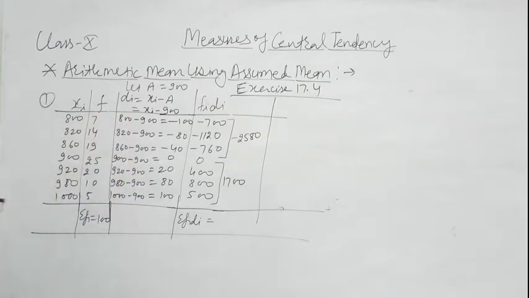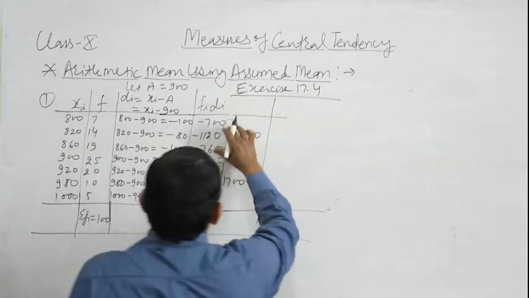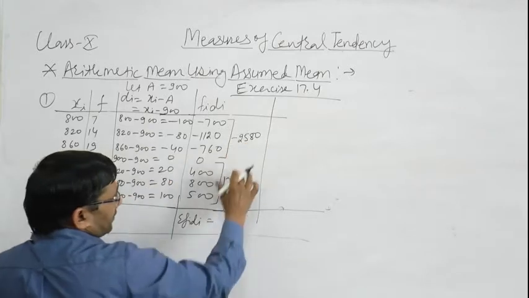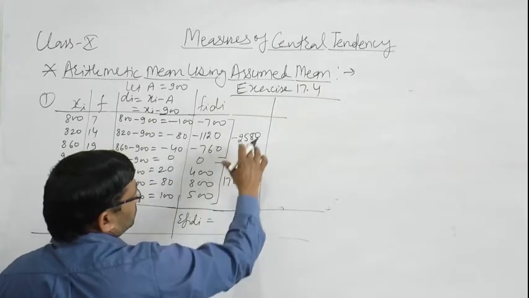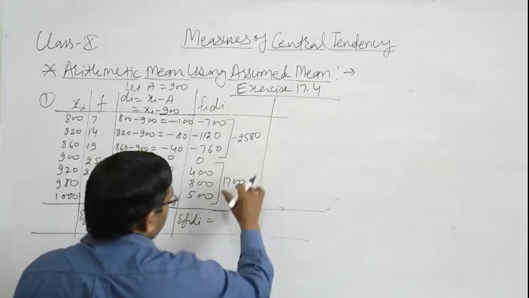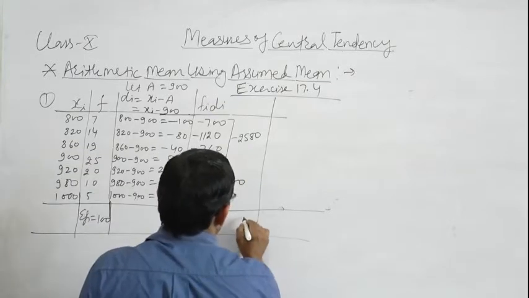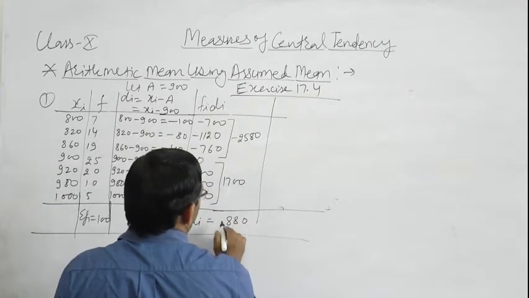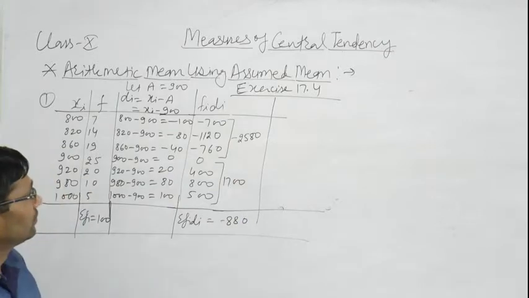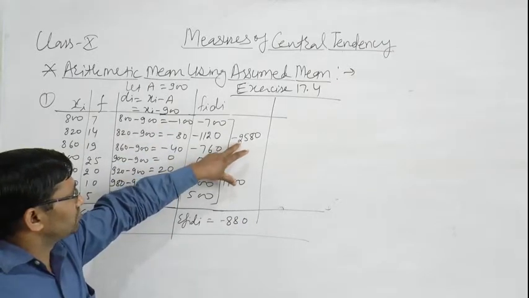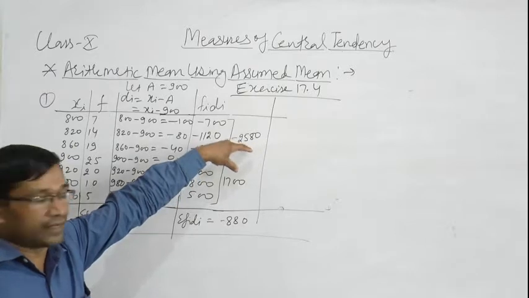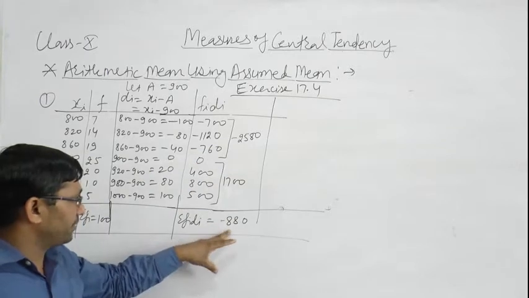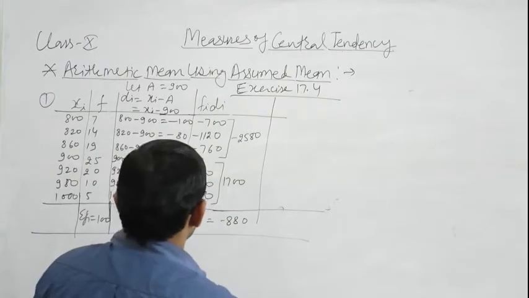Sum of frequencies is 100. And sigma fi di, it means the difference of this negative value and this positive value, so we take the difference of both values. Minus 2580 is the negative value and this is the positive value, so the sum of both is negative, minus 880.